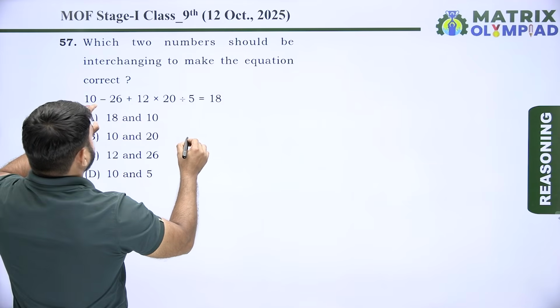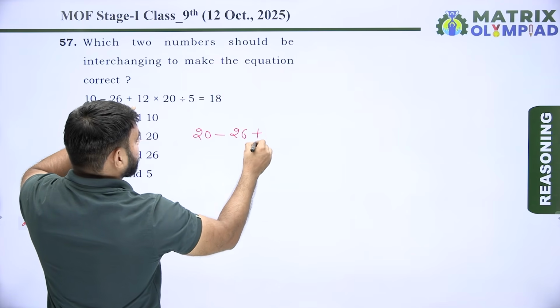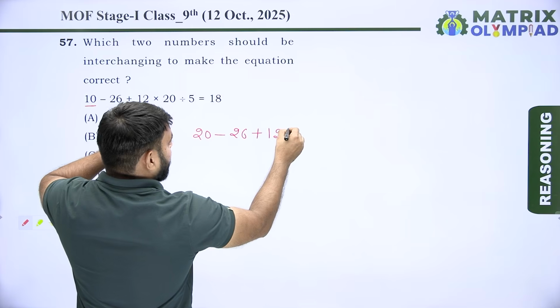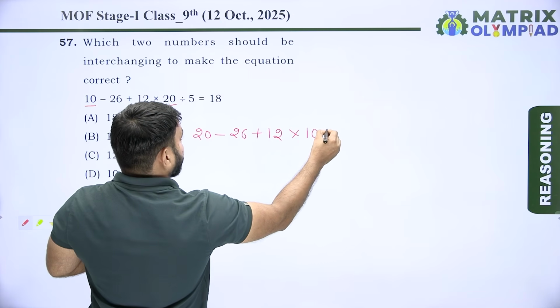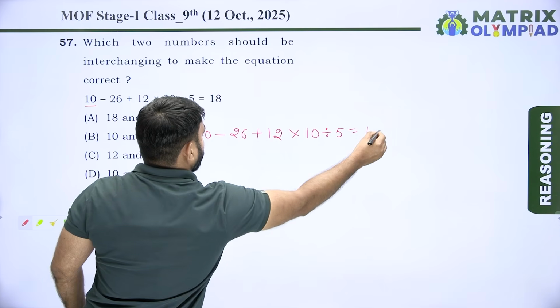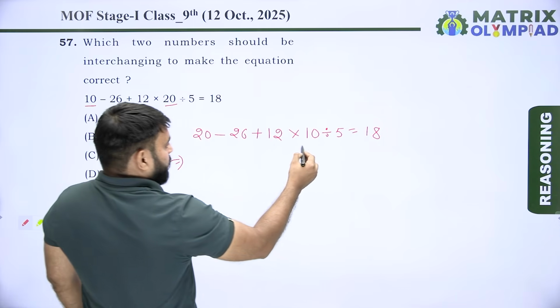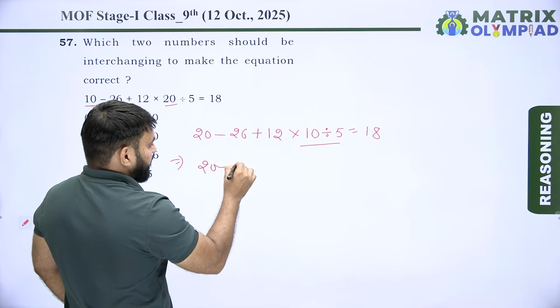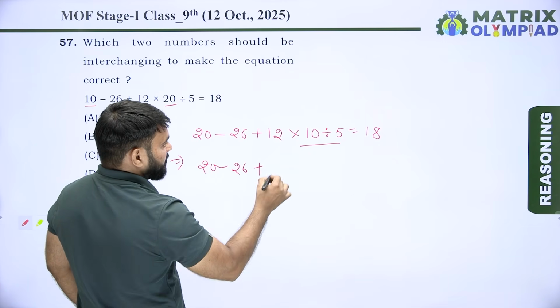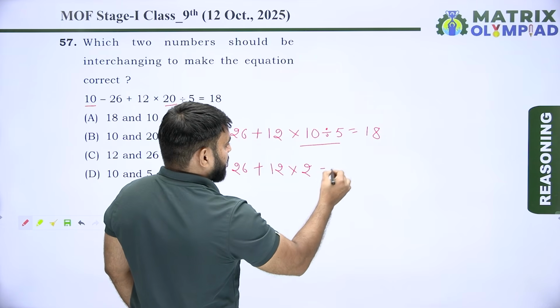So the equation is 20 minus 26 plus 12 multiplied by 10 divided by 5 equals 18. Now using the BODMAS rule, first divide: 10 divided by 5 is 2, so 20 minus 26 plus 12 times 2 equals 18.